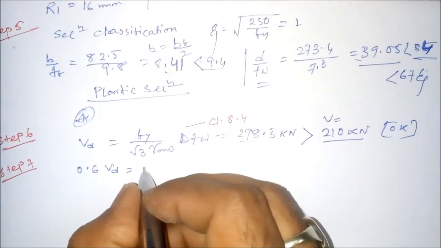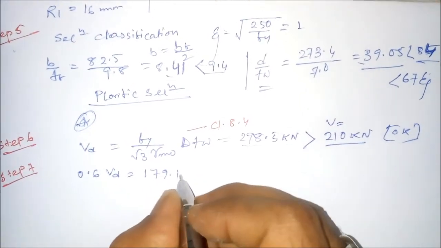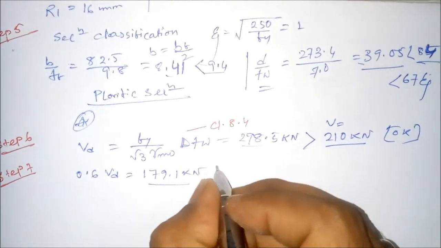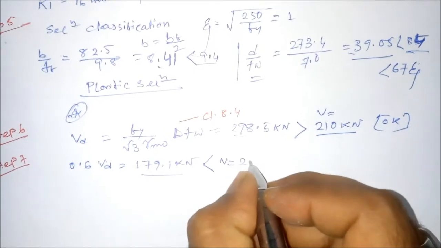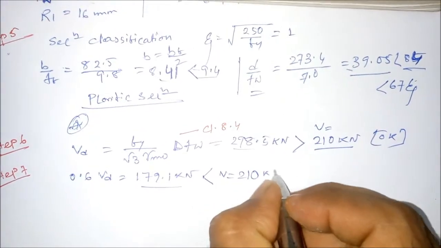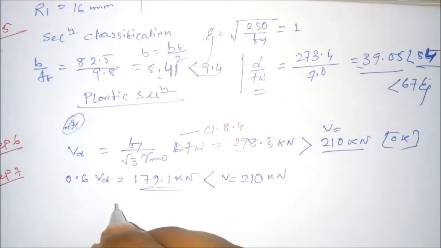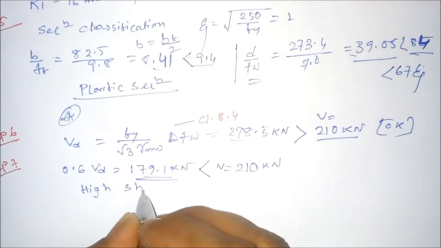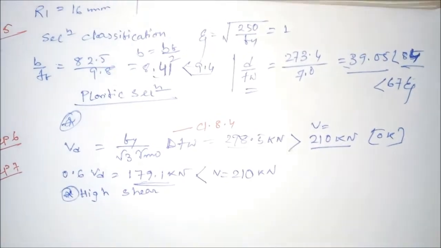This is coming 179.1 kilonewton, right? But this value is lesser than the maximum shear force acting on the beam. So as because this is lesser than this, we can say this is high shear condition, right? So this is high shear condition.